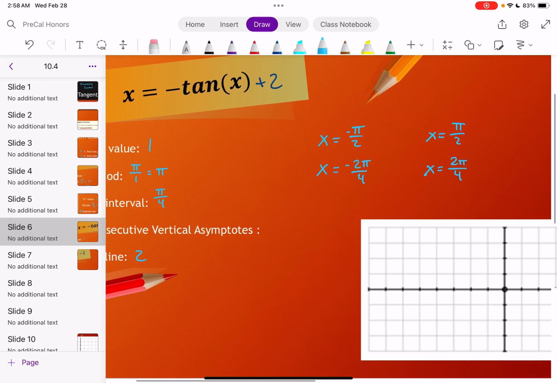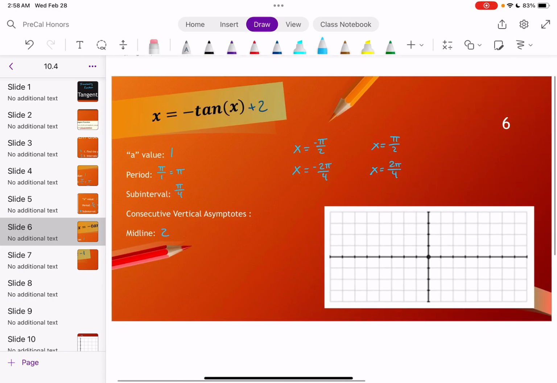We're going to start drawing everything out. First thing would be drawing our midline, going across from left to right. In this case, we're looking at a positive 2.